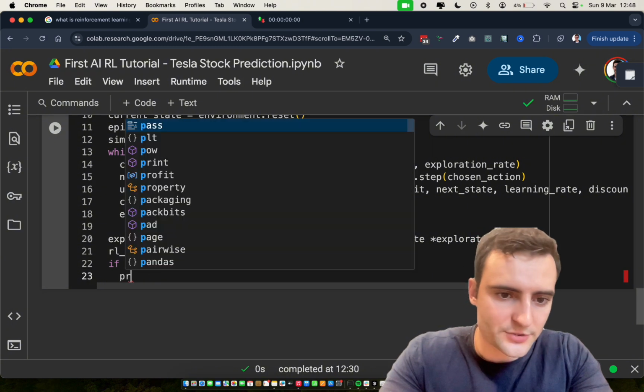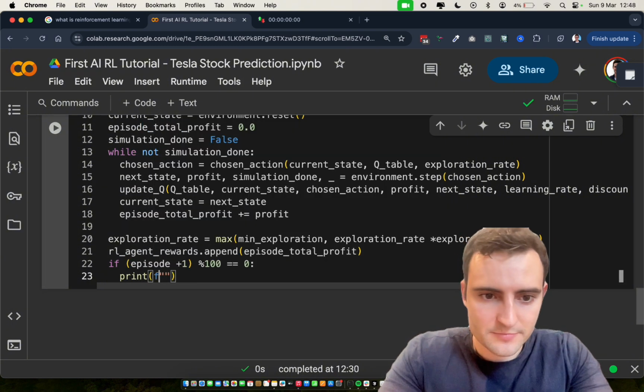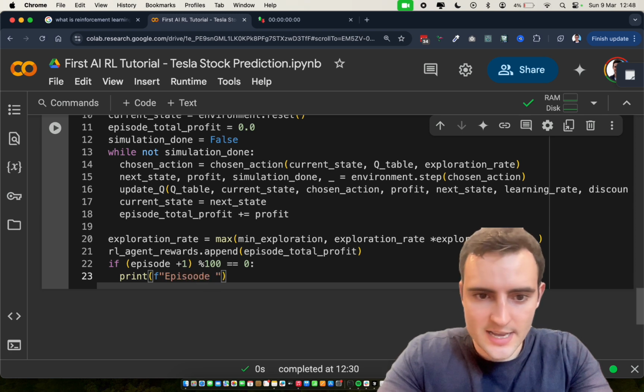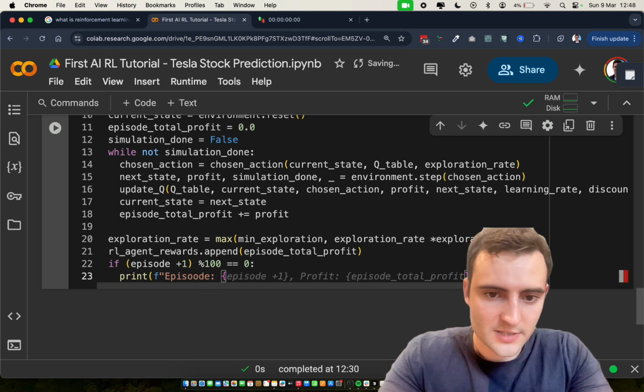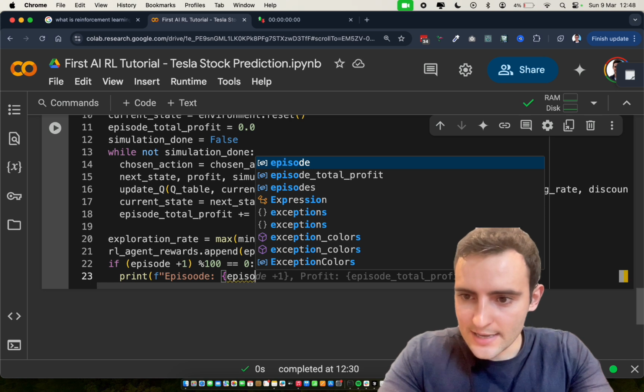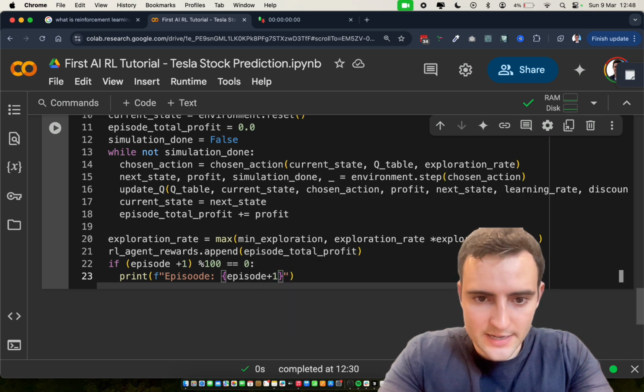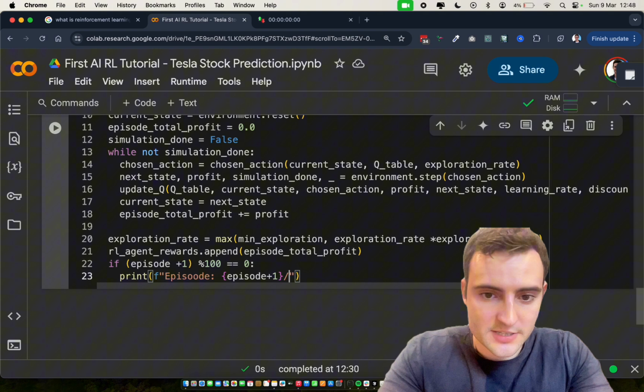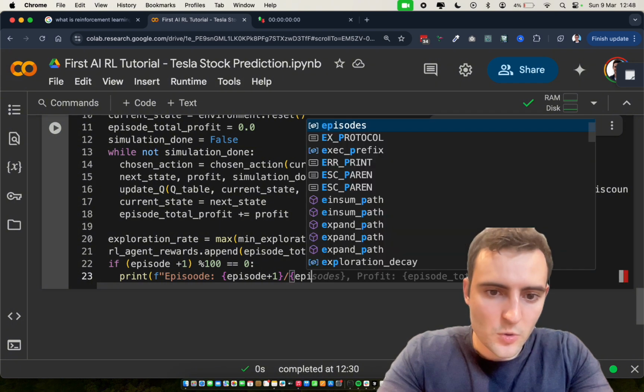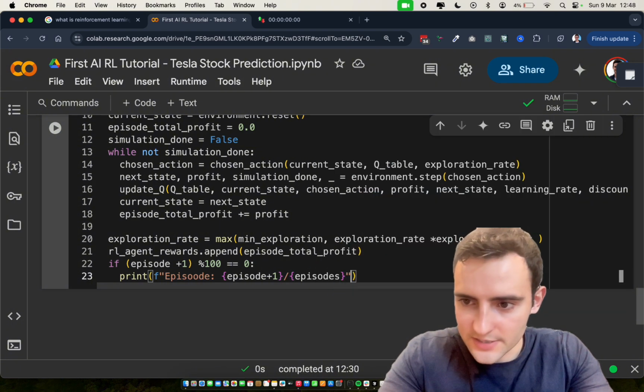So here we do print f episode. We put curly braces episode plus 1 because it's 0 indexed, divided by episodes. So this is the total, like it'll say like 1 out of 100 episodes done, for example.